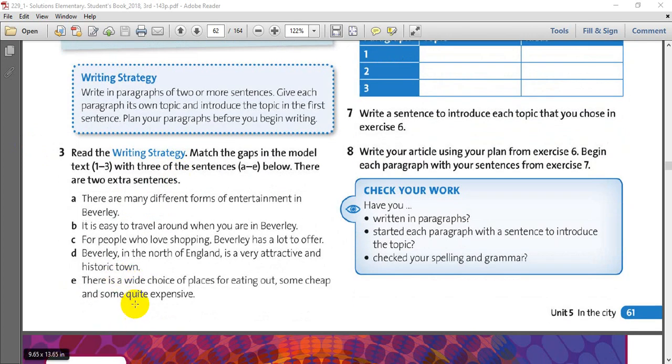We have E. There is a wide choice of places for eating out, some cheap and some quite expensive.